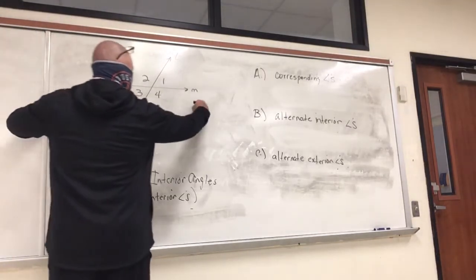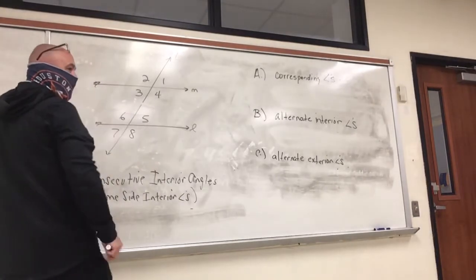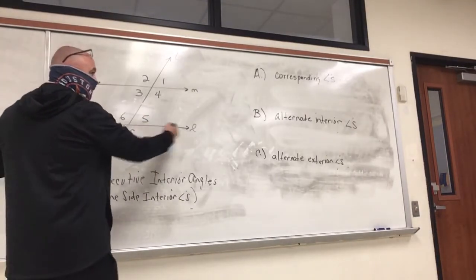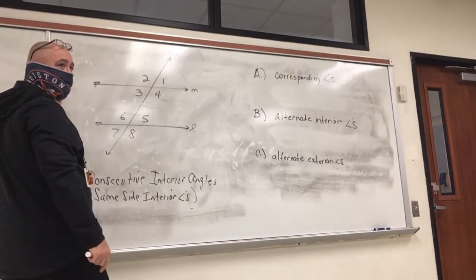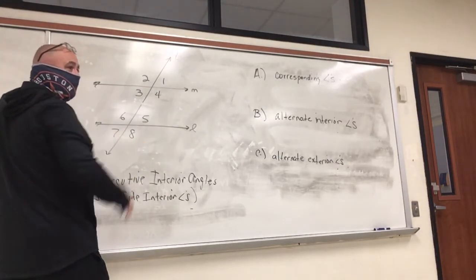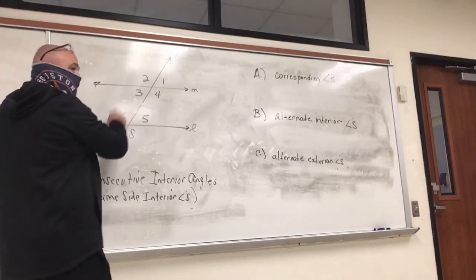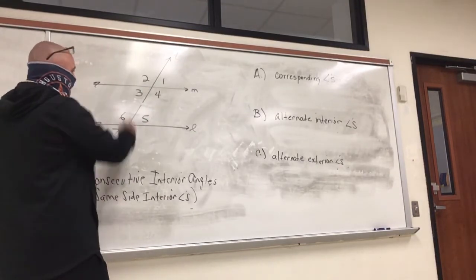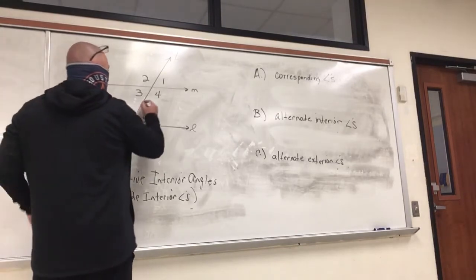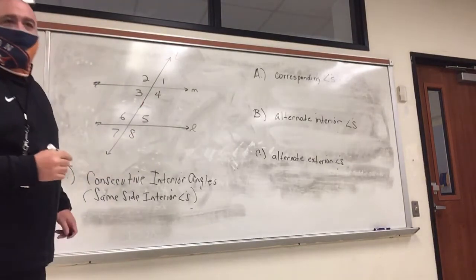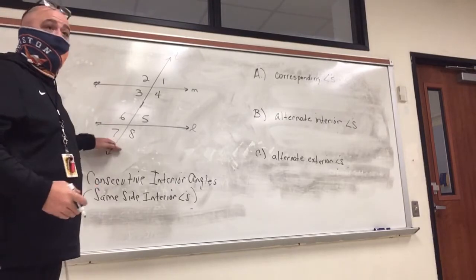So if I cut this in half, that and that are in the same spot, right? 4 and 8 are in the same spot, 2 and 6 are in the same spot, 3 and 7 are in the same spot. That's what I mean when I say corresponding. They're in the same spot, but on different levels.